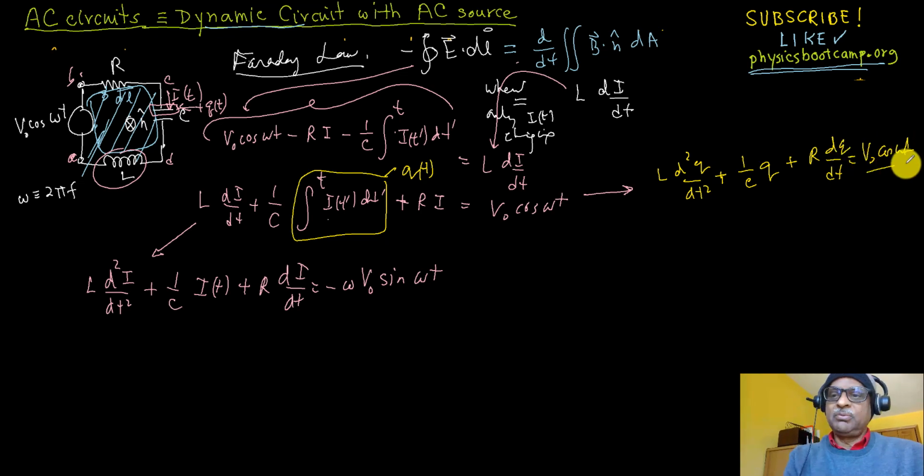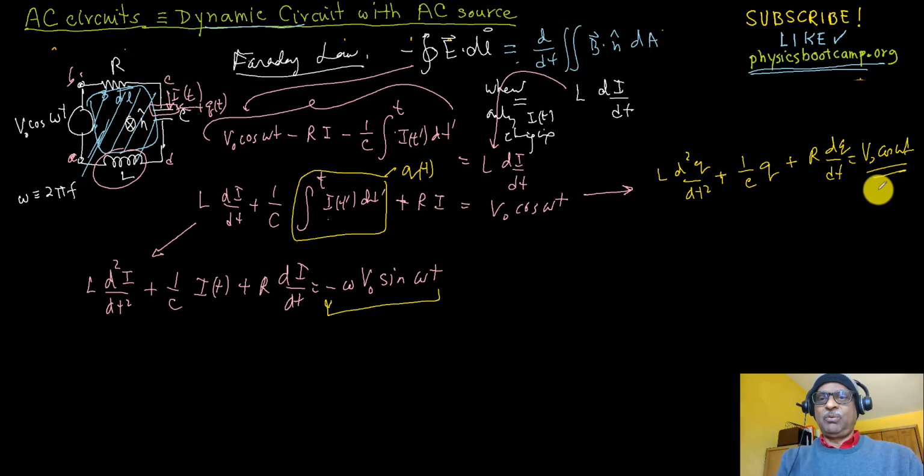So here you have V0 cosine omega t, there you have a minus omega V0 sine omega t. But both ways you can just solve it. It's more or less the same equation.